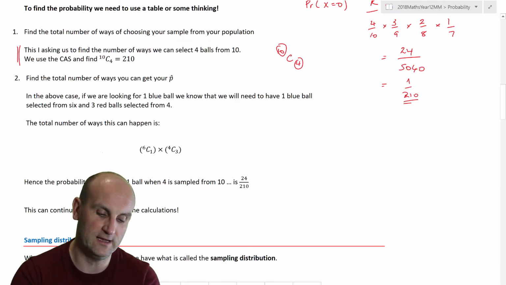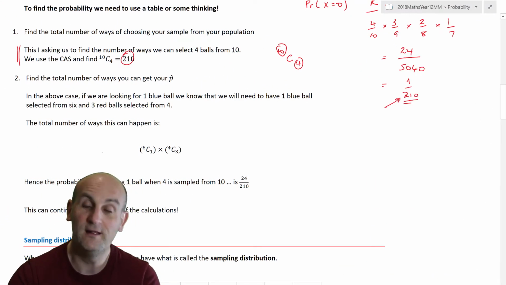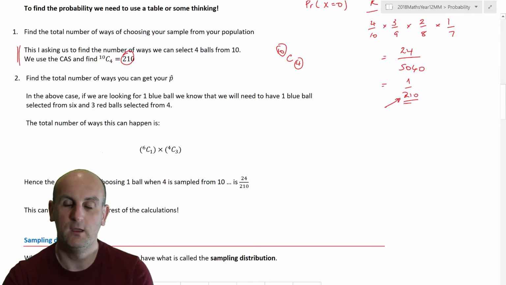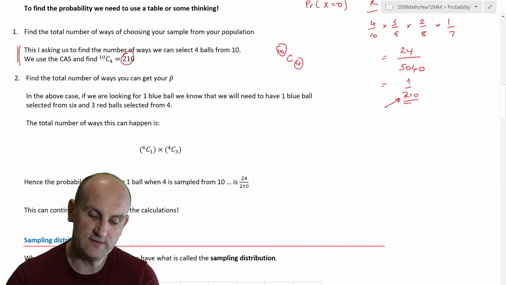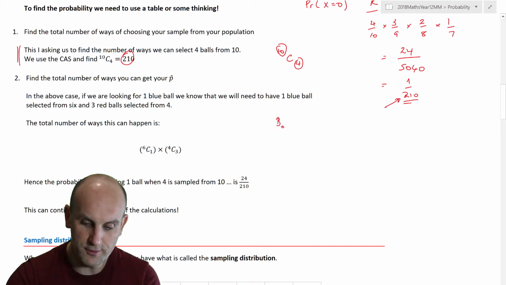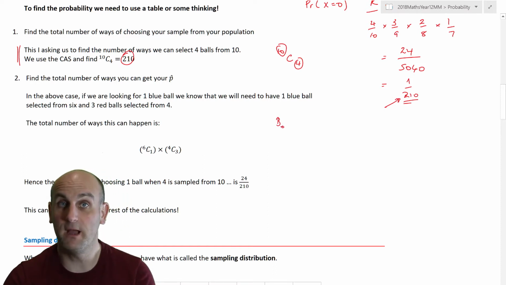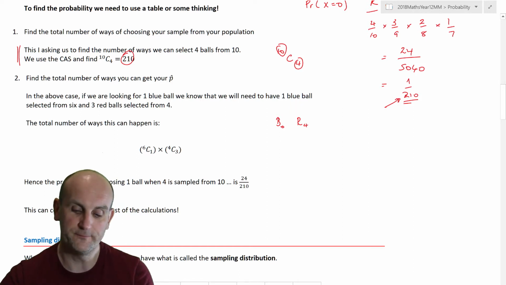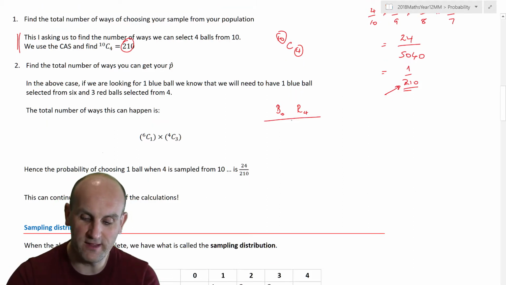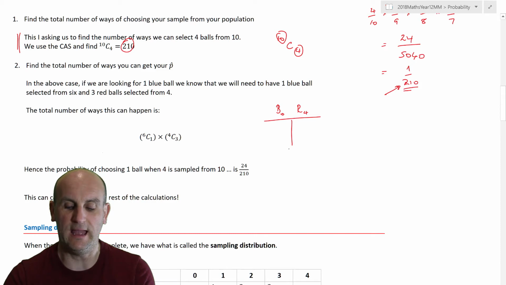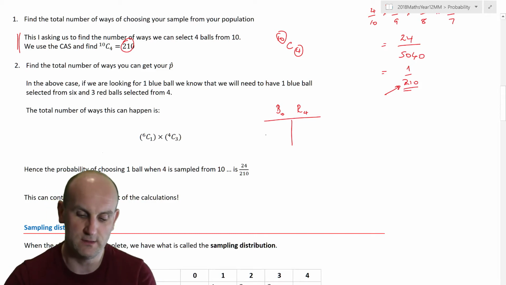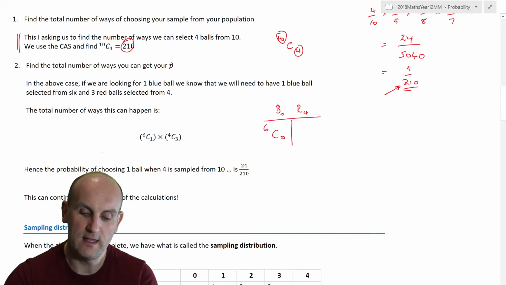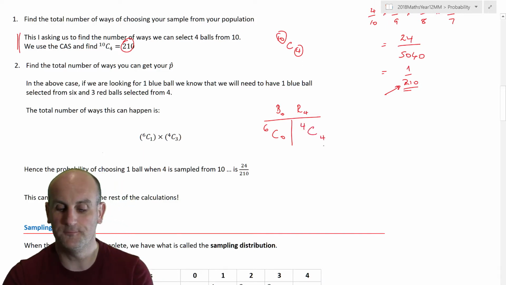Now that looks vaguely familiar. There was my 210. Now we're going to look at the probability of getting no blue balls in my sample, which means that I have to get 4 red balls. How many blue balls do I have to choose? There are 6 to choose from, and I want none, which means for the 4 red, I need to have all 4.